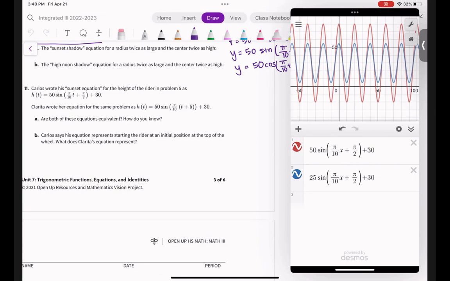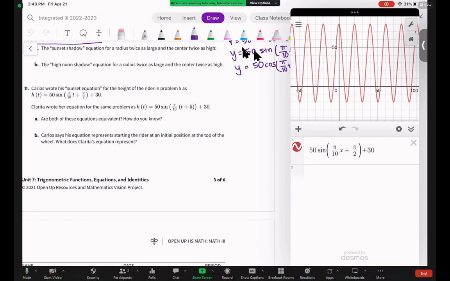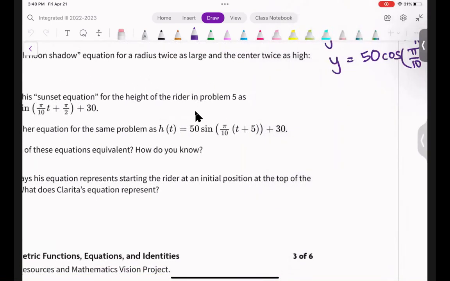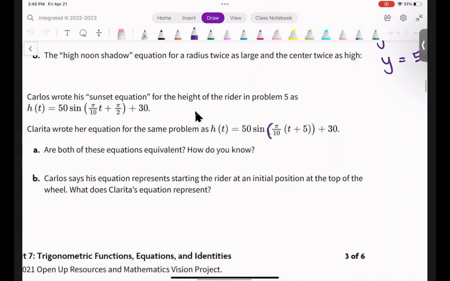Oh, I'm sorry. They're comparing Carlos's and Clarita's, not Carlos's and ours. Okay, sorry. So here's Carlos's, and here's Clarita's. So we get 50 sine pi over 10 t plus 5. Oh, they put a t plus 5 here. So the only thing that I see different between these two is just this inside stuff here and this inside stuff.